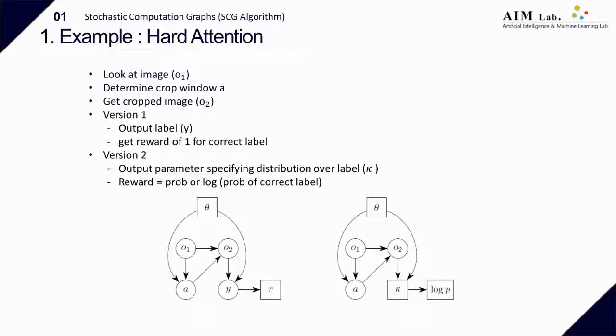The log probability of the correct label is the reward. Details of the gradient estimator in this case are discussed later, but we can get some intuition.